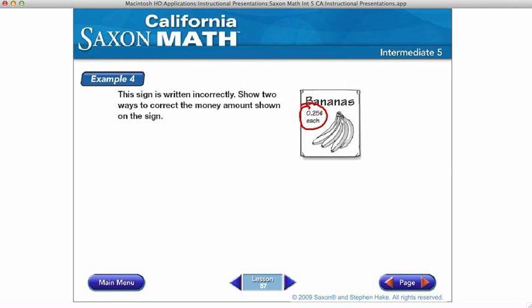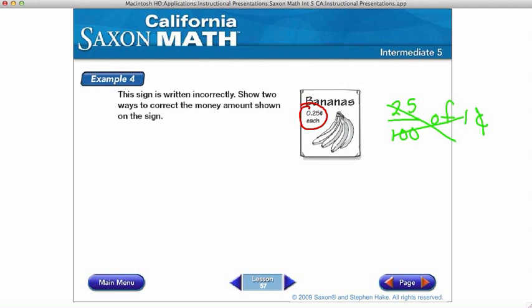So what this is actually showing here is 0.25 cents, which if I was to write that as a fraction, would be 25 100ths of 1 penny. Okay, well we don't have 25 hundredths of a penny. That's a very, very, very small number.